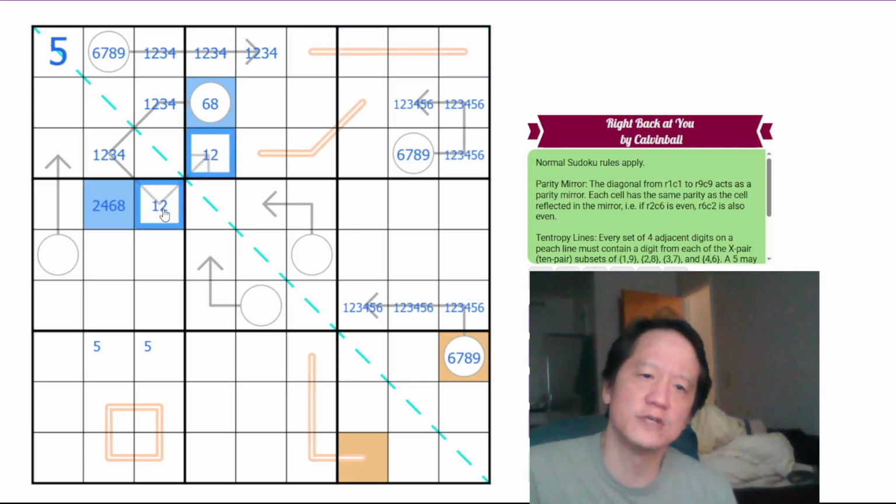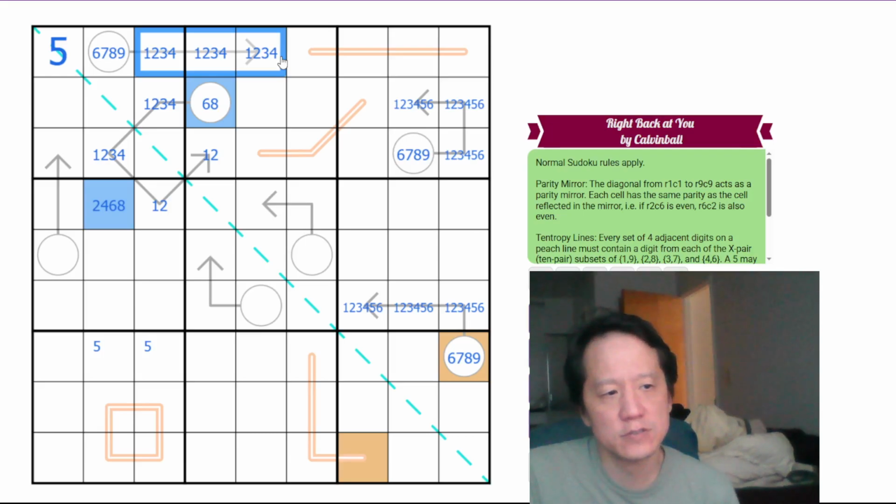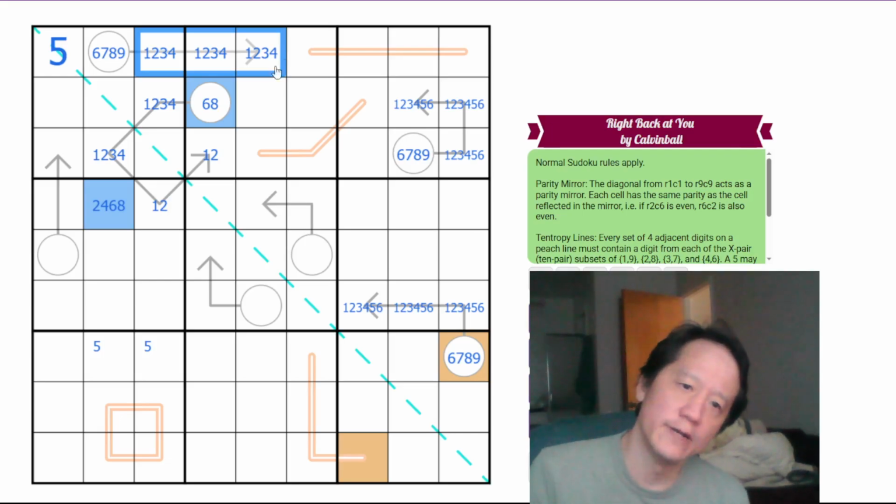Oh, these are the same digit. This is the same digit, so therefore it eliminates whatever cell this is. Right.